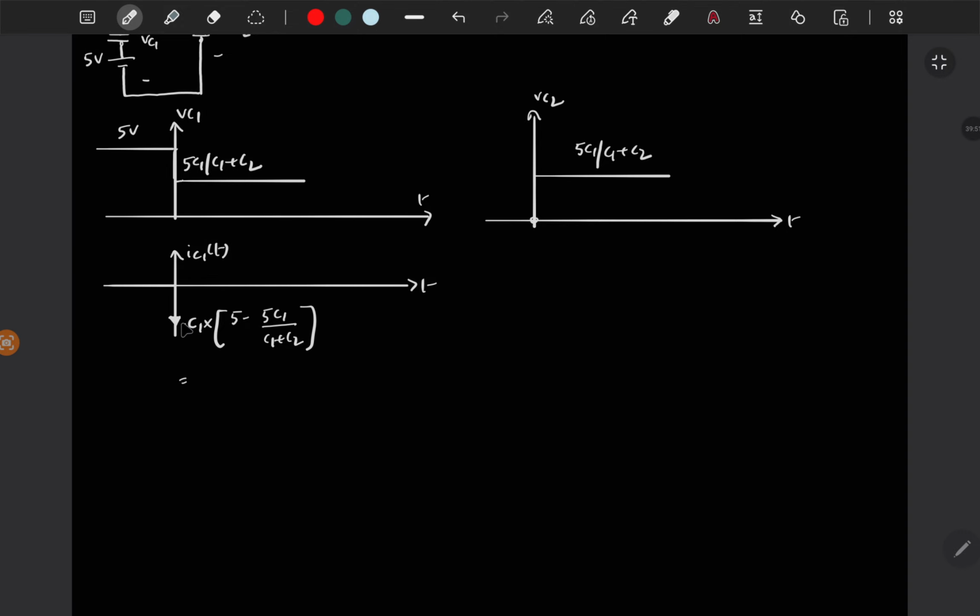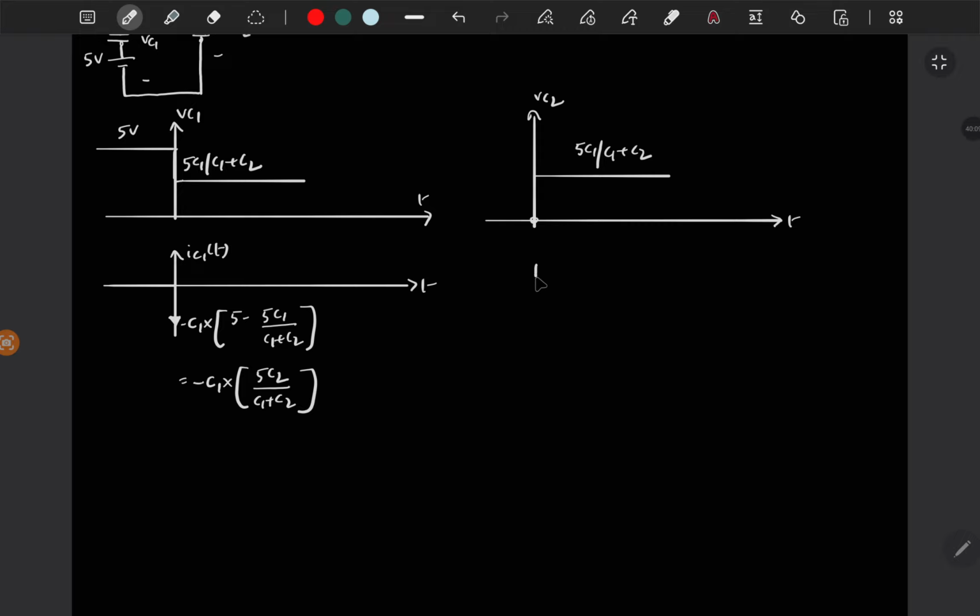because if you do it plus and you reverse these two terms, then you will get a negative value. So minus C1 times 5C2 by C1 plus C2.